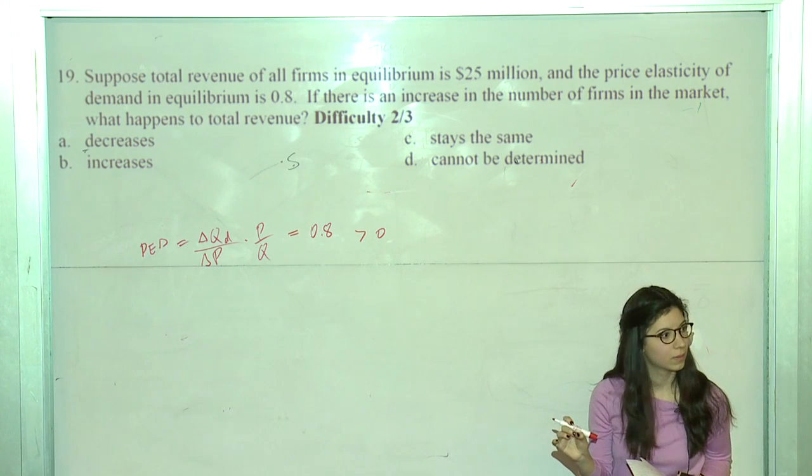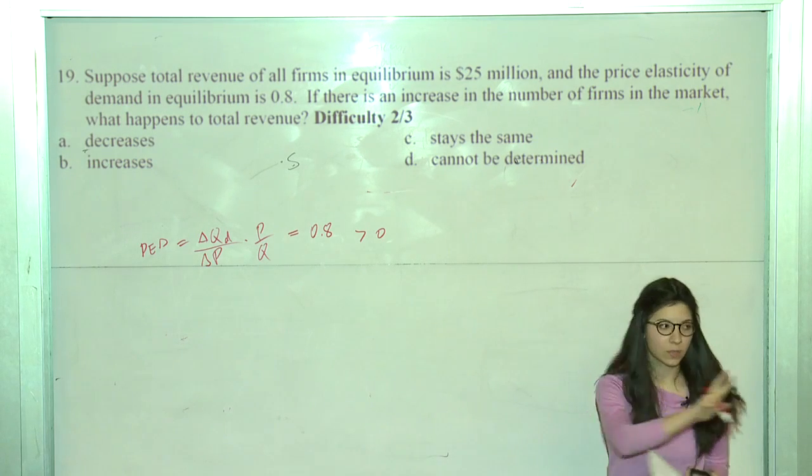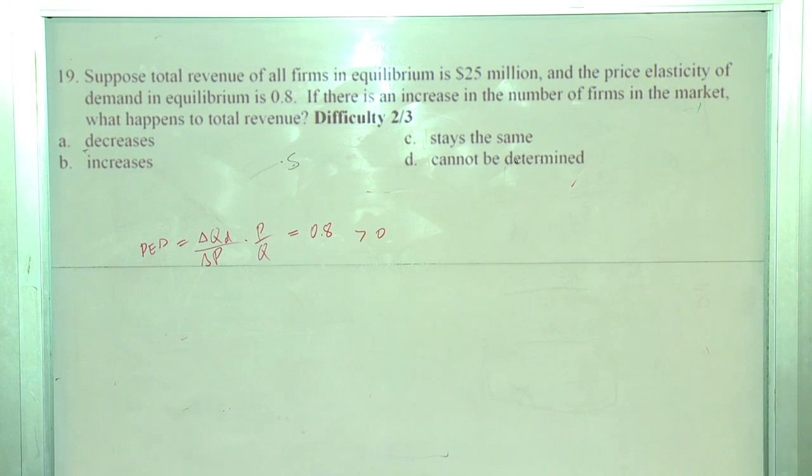The proper threshold is 1, right? It's unit elastic, so less than 1 versus more than 1 is the difference. I'm going for whether it's elastic or inelastic. This is inelastic. Elasticity is never negative. Yes, it can be. It can't? Okay.